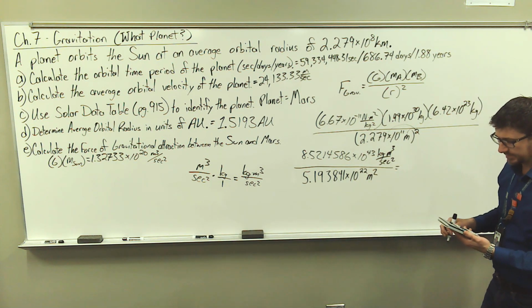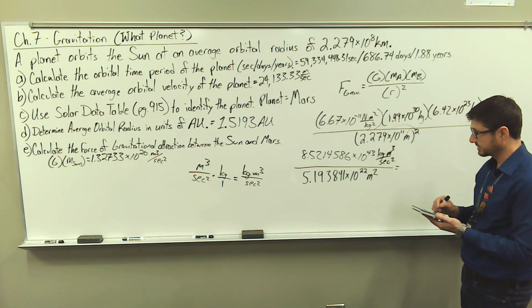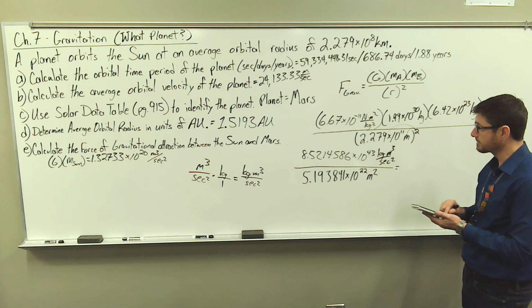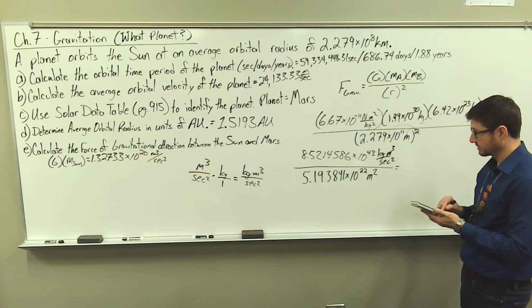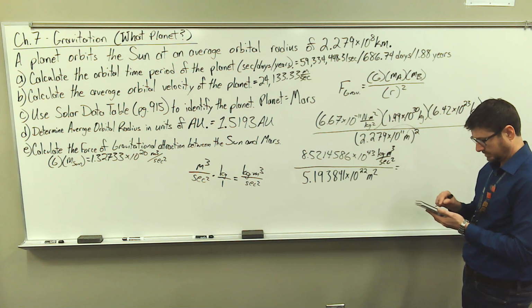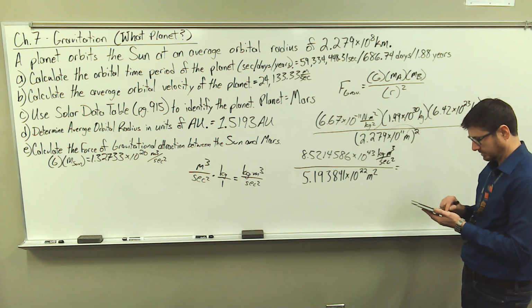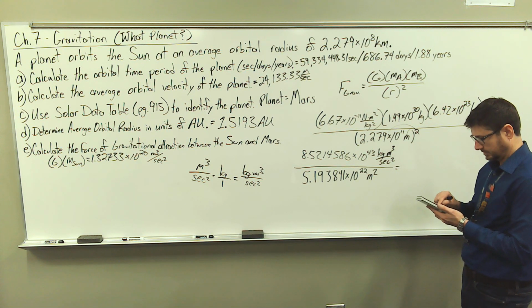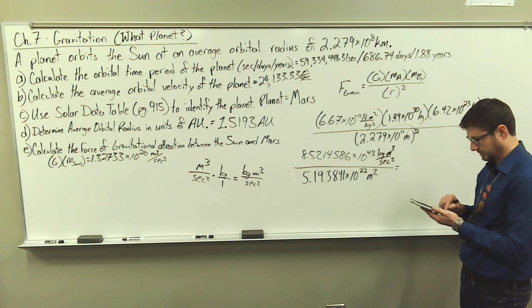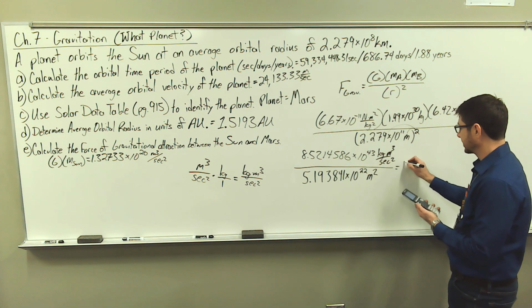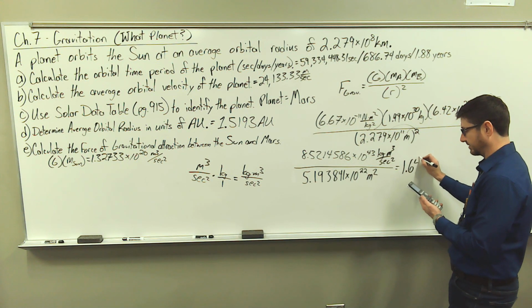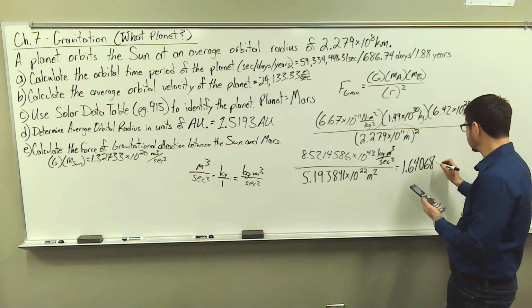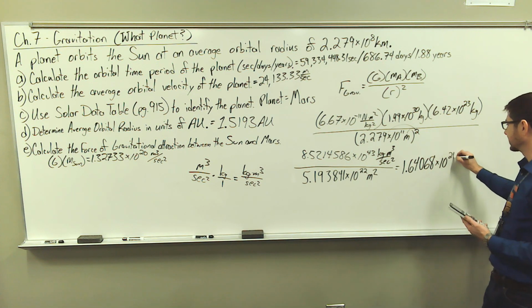Now let's go ahead and divide this here. And this is going to give me 1.64068 times 10 to the 21st.